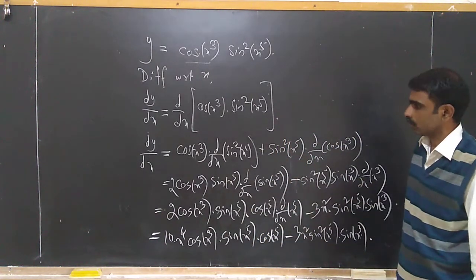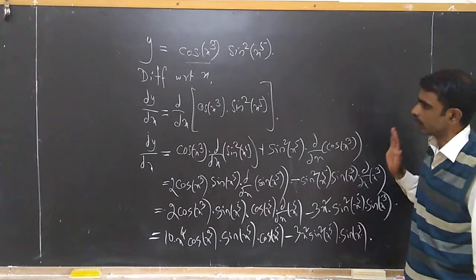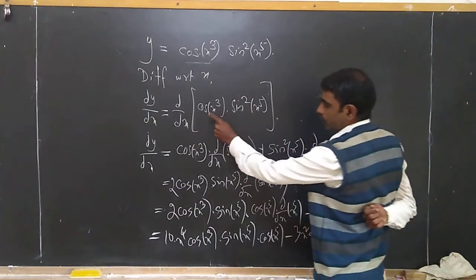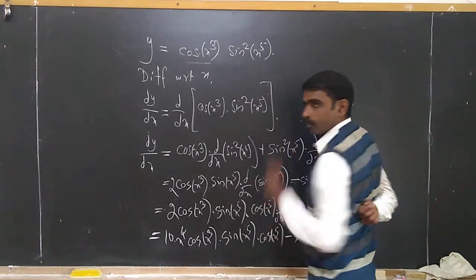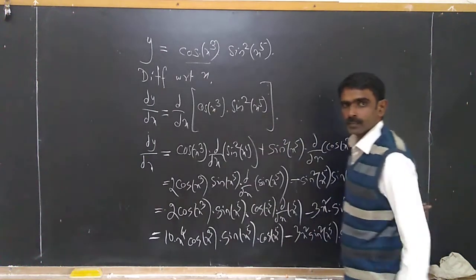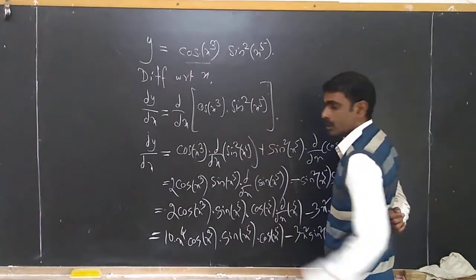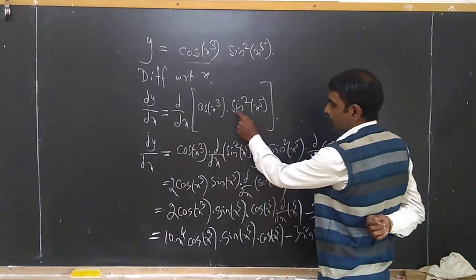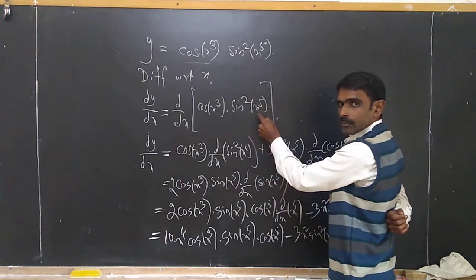Note the steps now. I will repeat this problem once again. Very important steps that you need to know. First function, which is cos of x cube, is only a function of a function. Second function, which is sine square of x raised to 5, is a function of a function of a function.